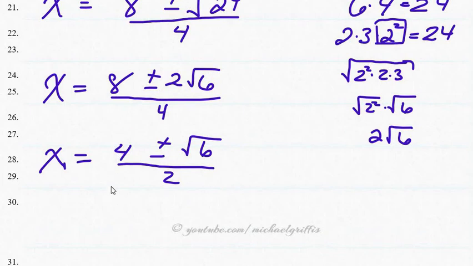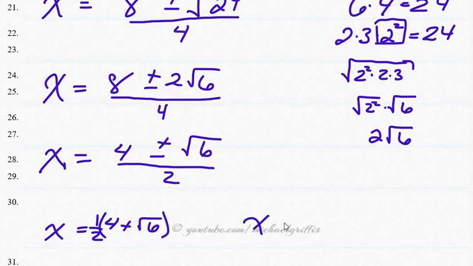So basically what we've got going on here is two solutions. x is equal to 4 plus the square root of 6. You could bring that out front and write it like that if you'd like. And then we have x is equal to 4 minus the square root of 6.